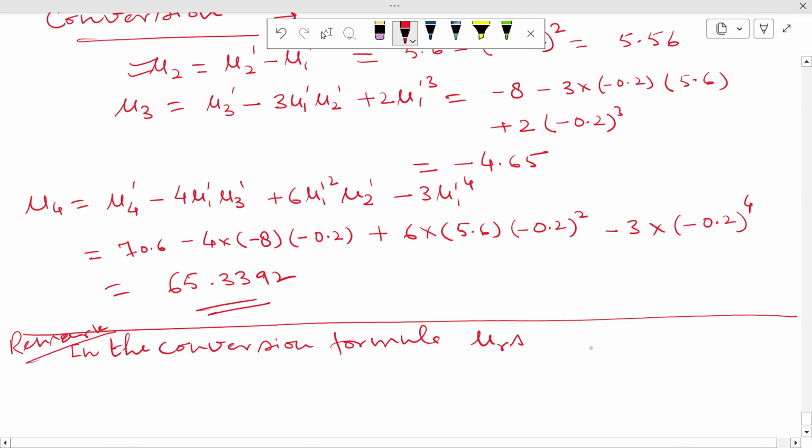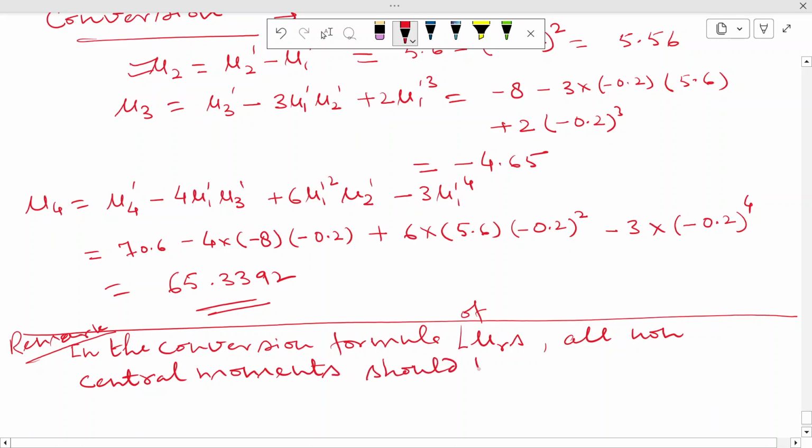In the conversion formula of mu r, all non-central moments should be calculated about the same number.